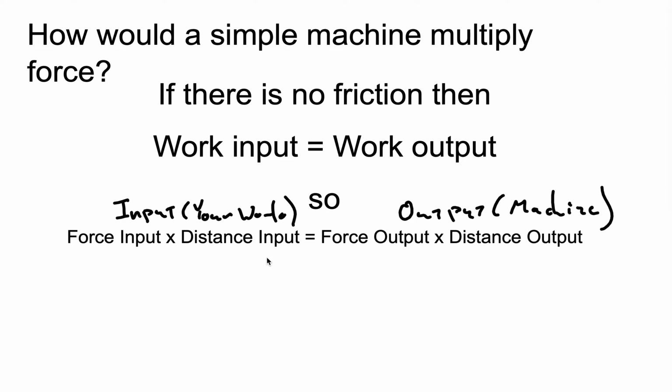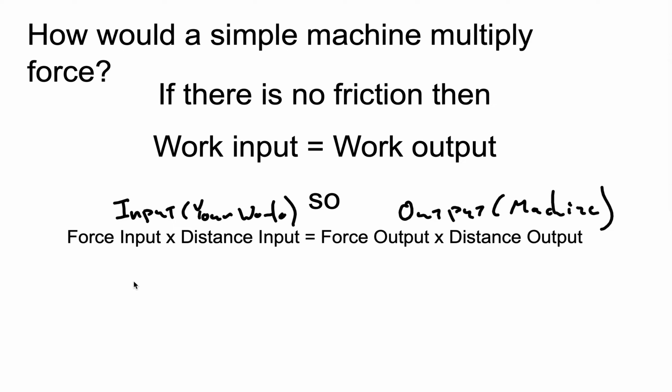So far, we have force input times distance input, and that has to equal force output times distance output. Now, I'm using the machine because it multiplies my force, right? And if you look at this equation, it's multiplying my force because of something specific.